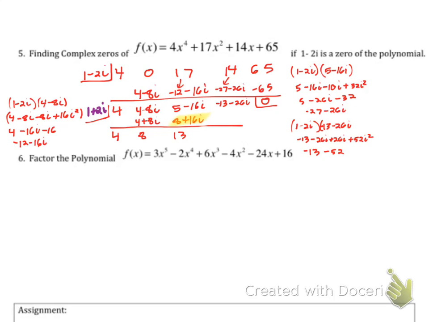Add them together, the i's cancel, and you have 13. Multiply 13 through, get 13 plus 26i, which cancels with all of it above, and there's a remainder of 0. It will happen every time with these conjugate roots. One works through and you get 0 as a remainder after some pretty hard work, and then with the second one, all the coefficients of the quotient will be real numbers.